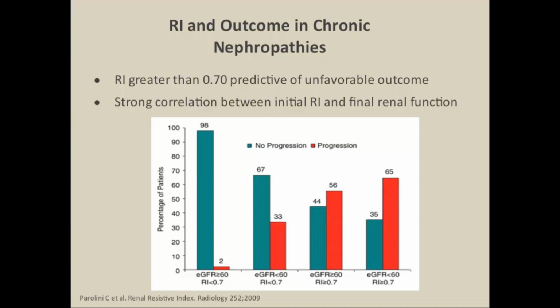You come over here and you start to see resistive indices above 0.7 and a GFR either above 60 or under 60. In both these scenarios, the majority of these kidneys will progress to further renal damage, more damage or more non-functioning kidney in a 2-year period. So resistive index really has a lot to show.